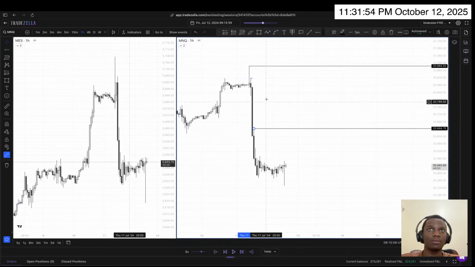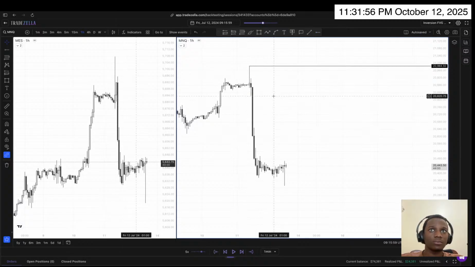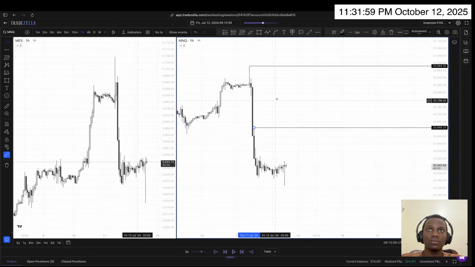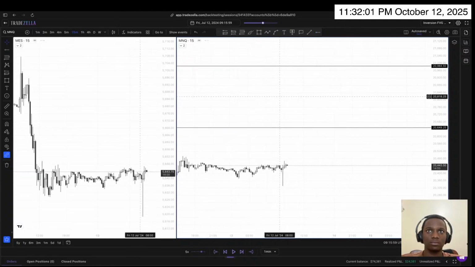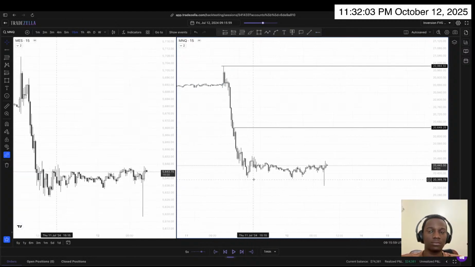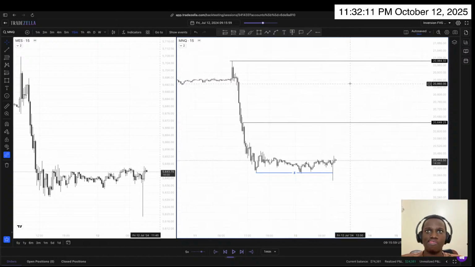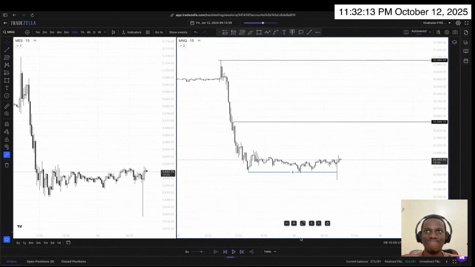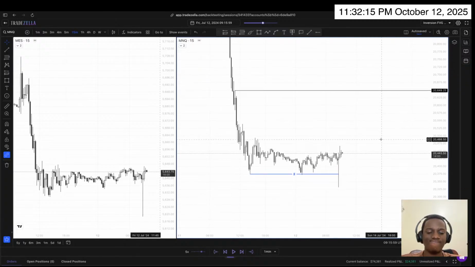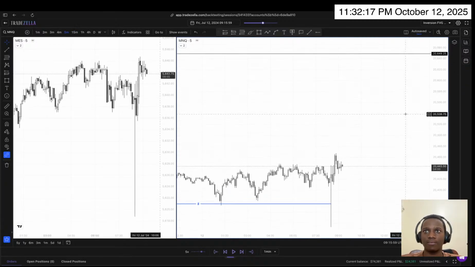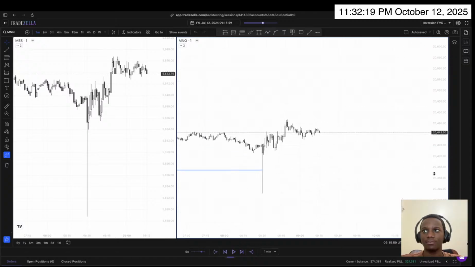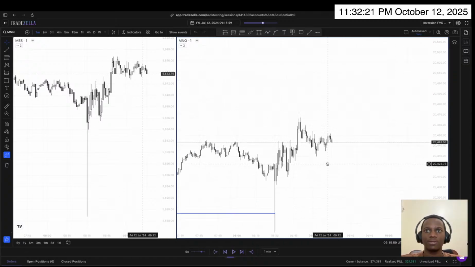Premium fair value gap. Sweep. Some lows here.